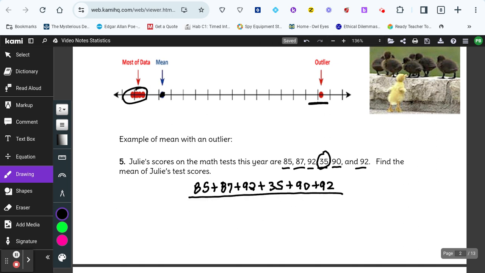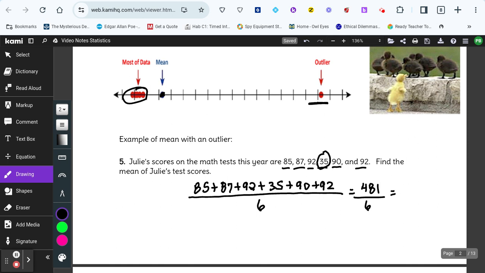And you're thinking she made mostly low A's and high B's, so she's probably going to have a high B. Okay? All right, so we're going to divide by the number of test scores, which is 6. But let me add up her scores: 85 plus 87 plus 92 plus 35 plus 90 plus 92. So overall, she has a total of 481 points divided by 6. Now let's see what happens.